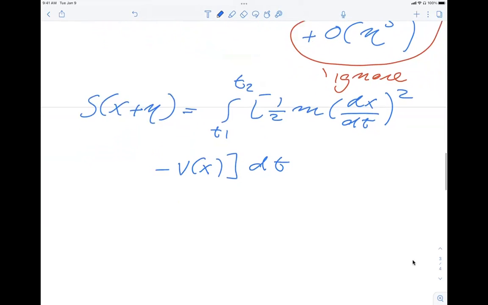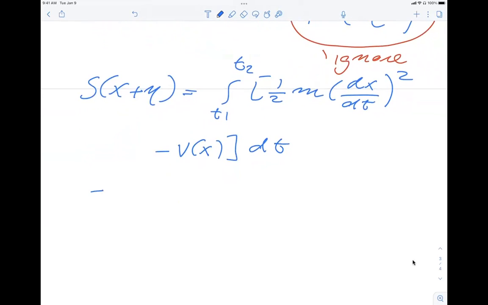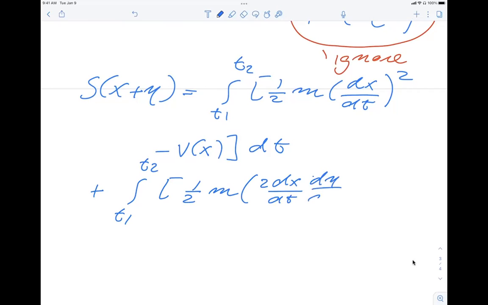And then we have the other terms which come in, like plus the integral from T1 to T2, and then I have 1/2 times m, and this is now multiplied with 2 of dx/dt times d eta/dt, minus, and then we have the correction which comes from the potential energy, eta times dV/dx.